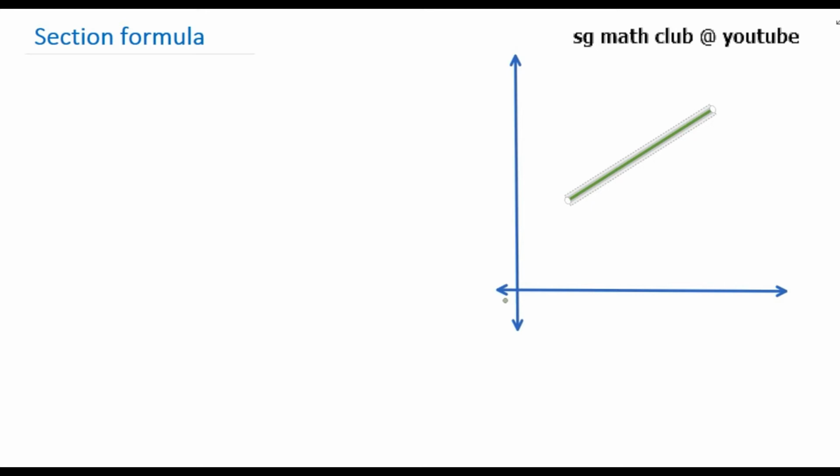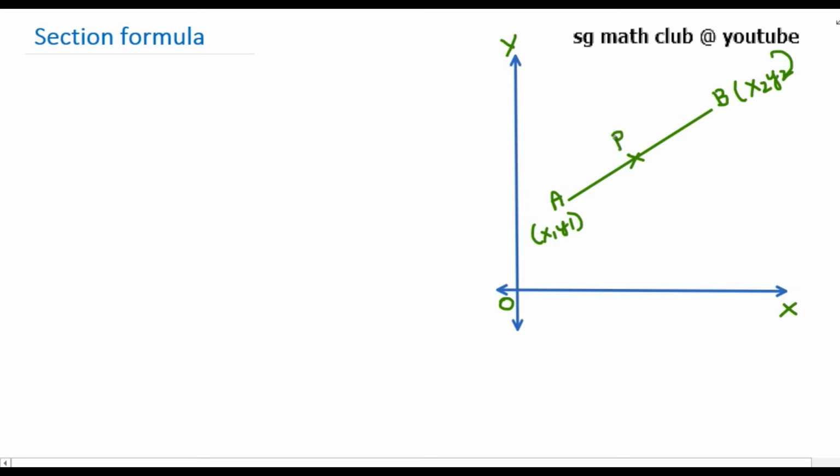So this is our origin, and this is our x-axis, and this is our y-axis. Now you consider any 2 points A and B. So let the coordinates of A be x1, y1, and coordinates of B be x2, y2, and assume that P divides this AB internally in the ratio m1:m2.